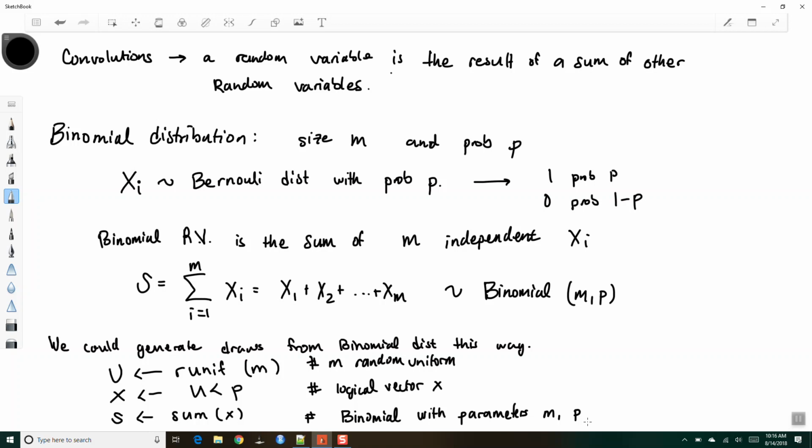Another option, though, is I could use a matrix and some apply functions. So I could do a matrix of m by n values. Okay, so if I want 100 values, I could have 100 rows, each row having m values. So I'll ask for runif m times n, and I'll get a matrix. And then I apply the same logical thing.